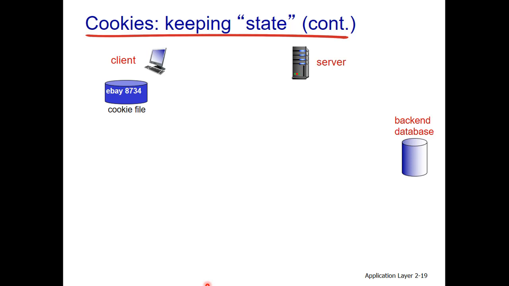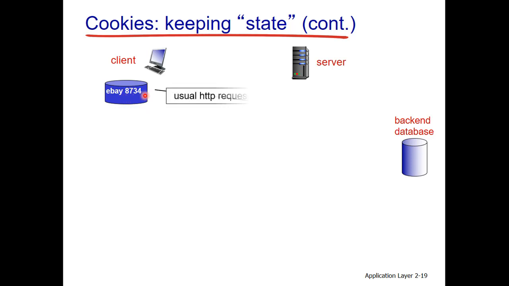So let's try to learn more about cookies in action. This is the client side and this is my server side, and let's assume that you have already accessed the eBay website, and the eBay website stored a cookie on your system that has an ID of 8734.